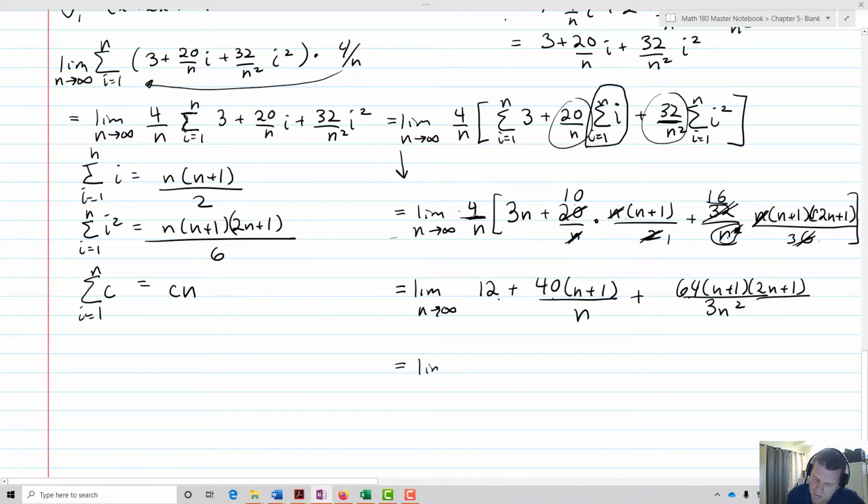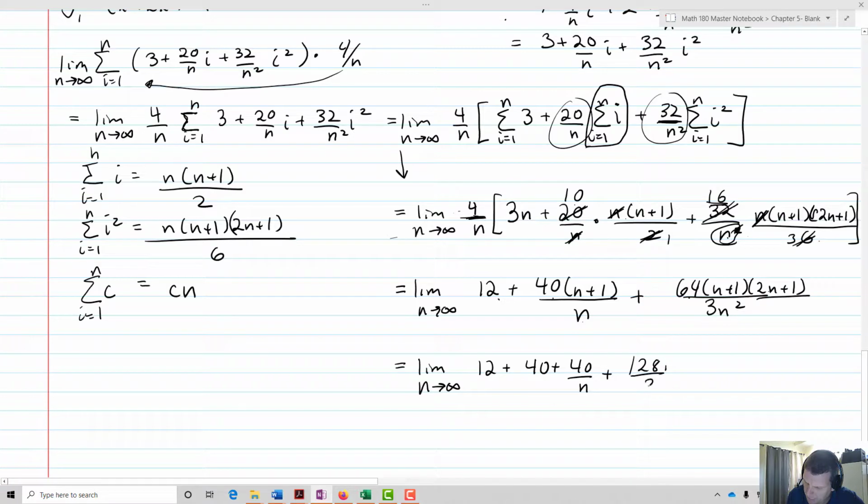This is now going to equal the limit as n approaches infinity of 12 plus 40n over n. So that's just going to be 40 plus 40 over n plus 64 times 2n squared, so we'll make that 128n squared over 3n squared.